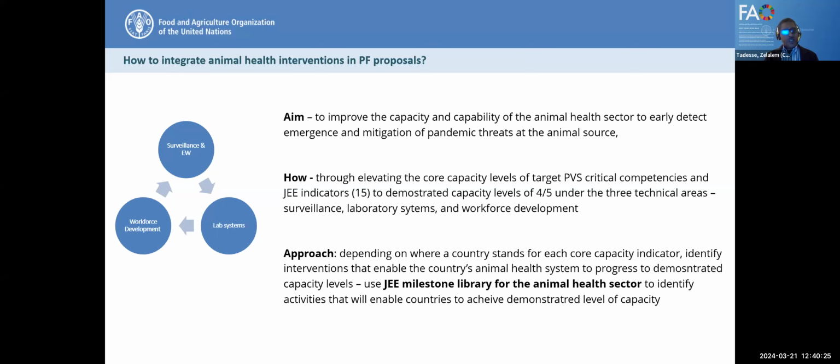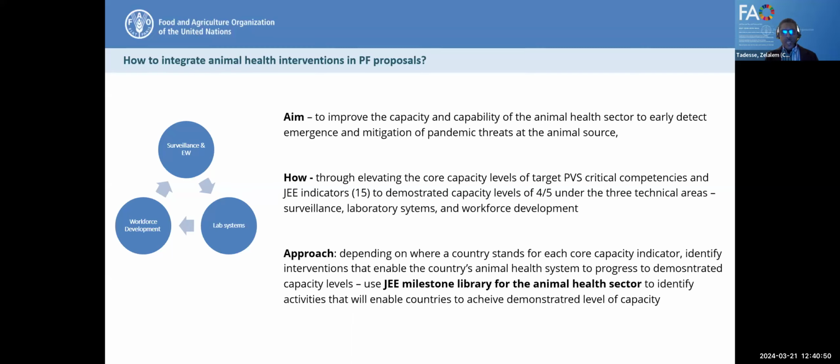Now, in doing so, the approach that needs to be taken from FAO's perspective is, depending on the country's current level for each target core capacity indicator, we need to identify interventions that enable the country's animal health system to progress to demonstrated capacity levels.